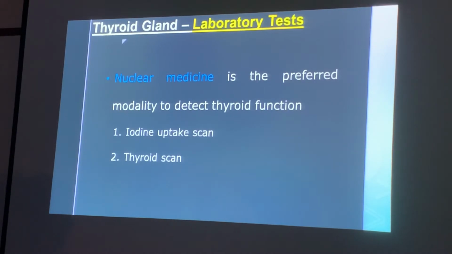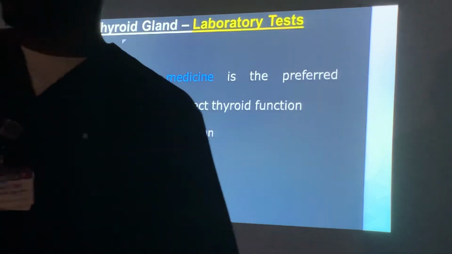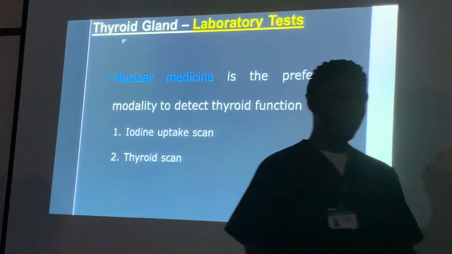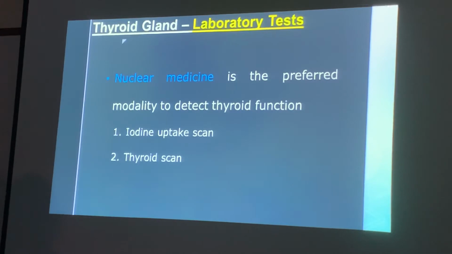But when we're talking about function, guys, it's not ultrasound that we test for function, right? Because ultrasound is good for detecting whether it's something cystic or something solid, and getting good measurements of the thyroid. When we're thinking about function of the thyroid, the test for that would be nuclear medicine. That's when they test for the function.